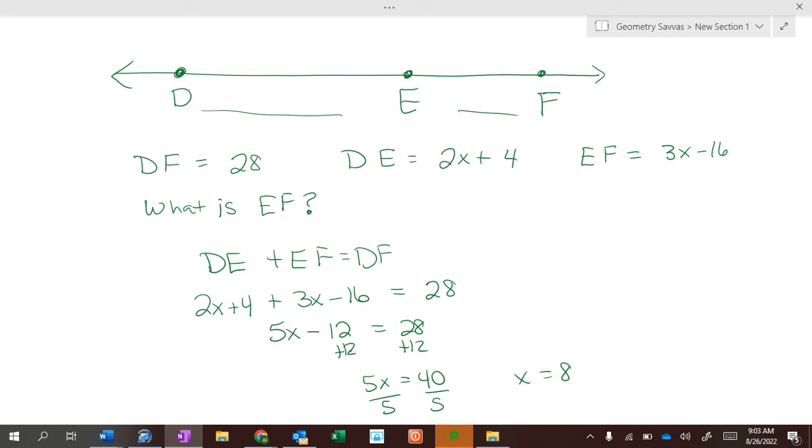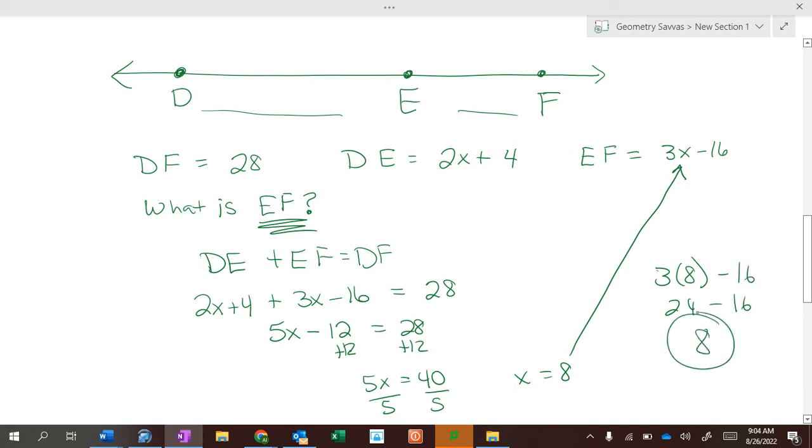No, because we want to know what EF is. So we take 8 and plug it in for x. 3 times 8 is 24. Minus 16 is 8. Hey, 8 was our answer. That was just a coincidence. X and EF won't always be the same. In this answer, it was, but they won't always be the same.